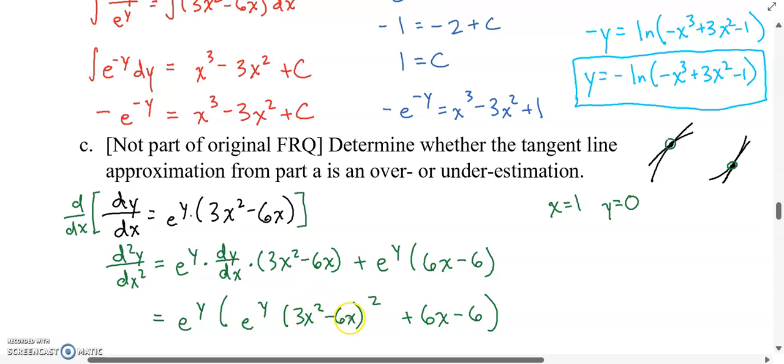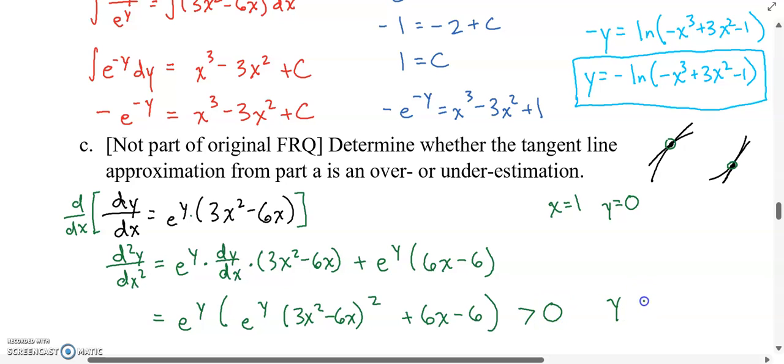We're just really looking at 3x squared minus 6x quantity squared. And that's going to be definitely positive because we're squaring it. And then plus 6 minus 6. 6 times 1 is 6, right? So we have something positive times 1 plus 0 times 1. So this is a positive value.